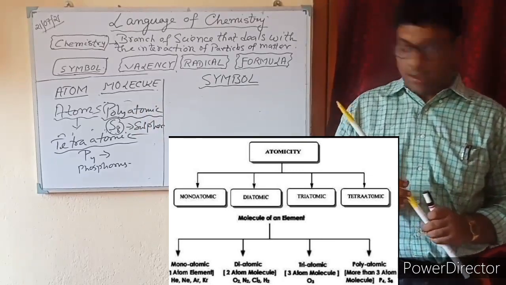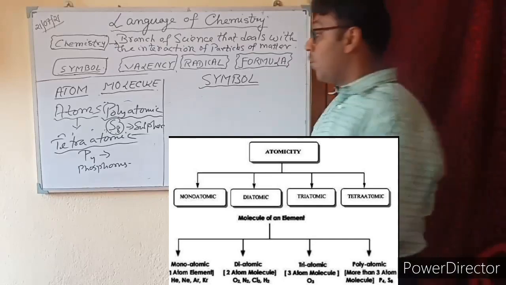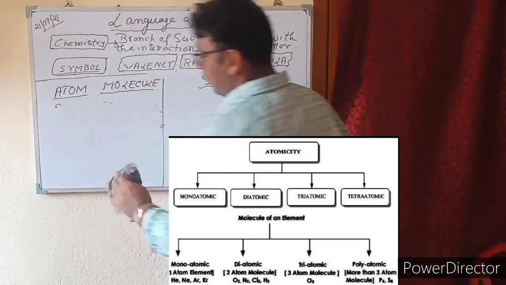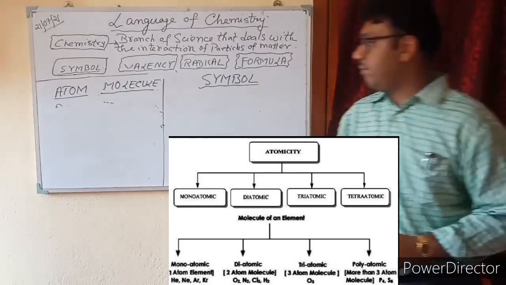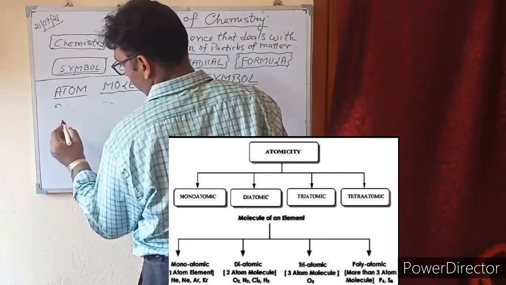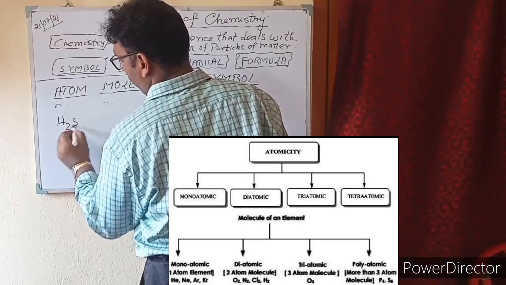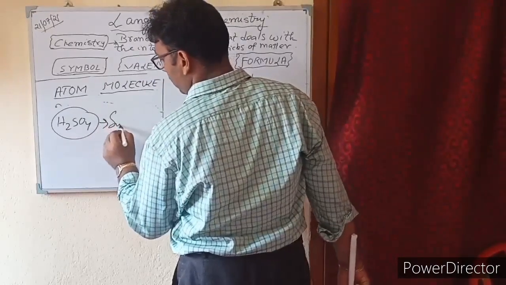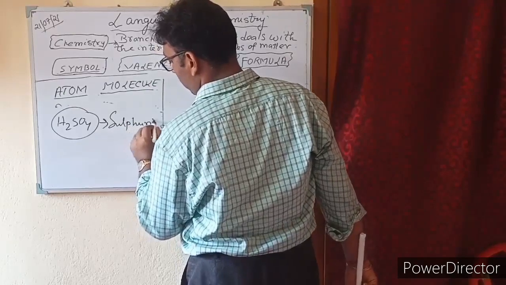Now come to the molecules of a compound. Atomicity of molecules of a compound. Just for example, H2SO4, this is sulfuric acid.